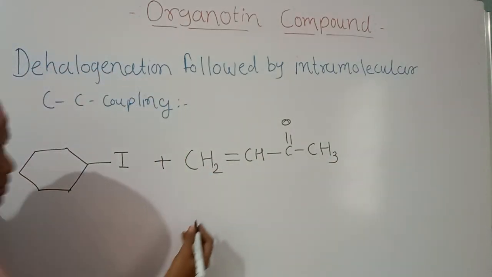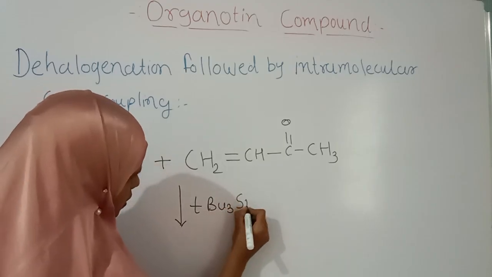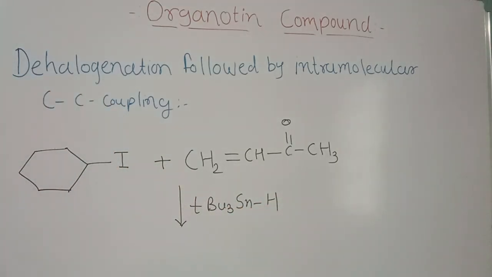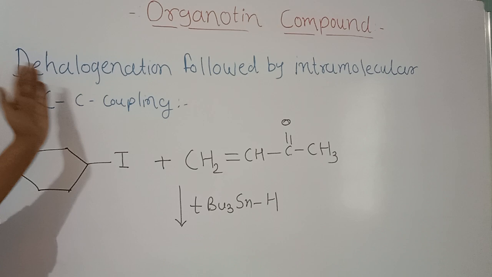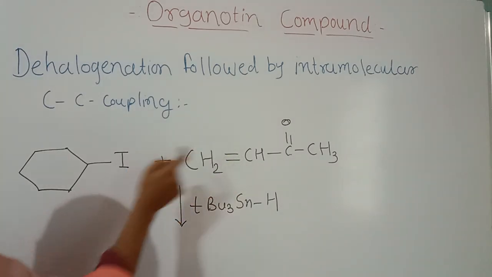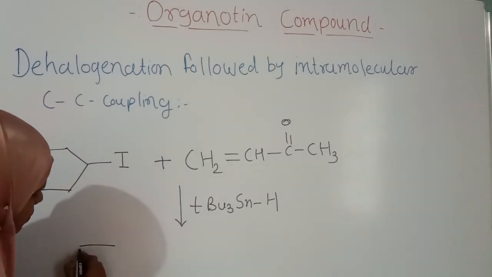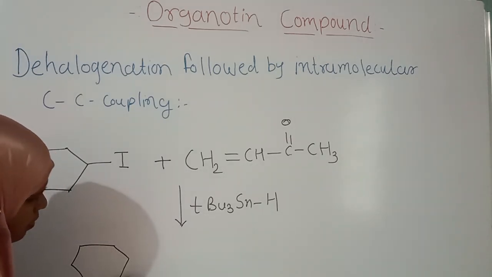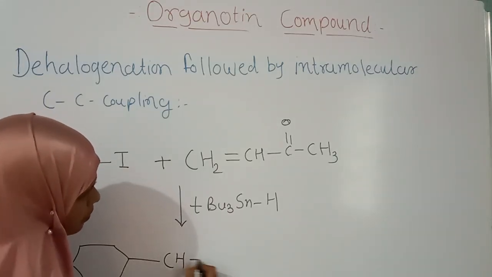What will be the product in the presence of tributyl tin hydride? We already said dehalogenation followed by intramolecular carbon-carbon coupling, where the coupling will be formed by radical formation at this alkene and this alkyl. We get this, and the halides are replaced.